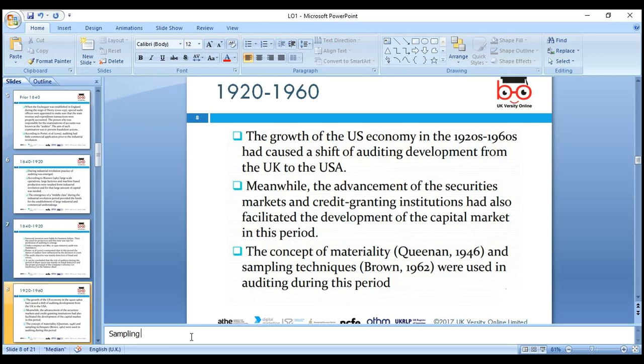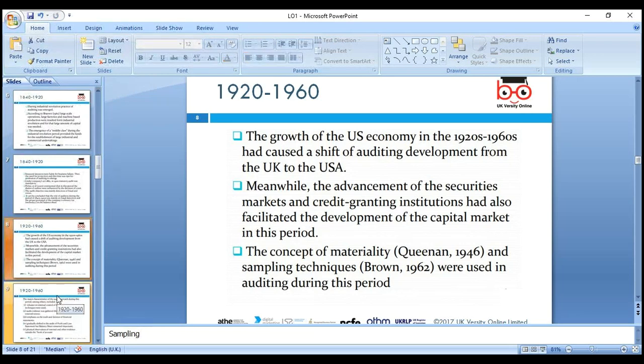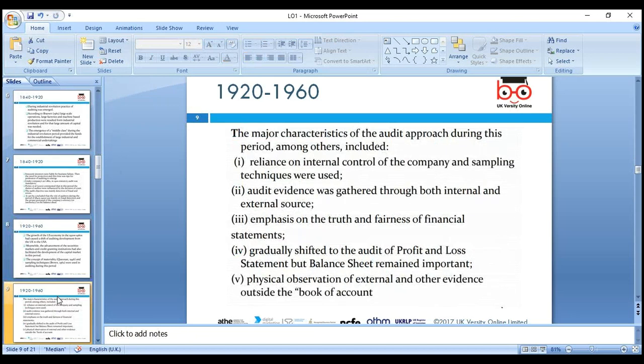That's called a sample instead of you looking at everything. But the sampling technique should represent the whole population's view.